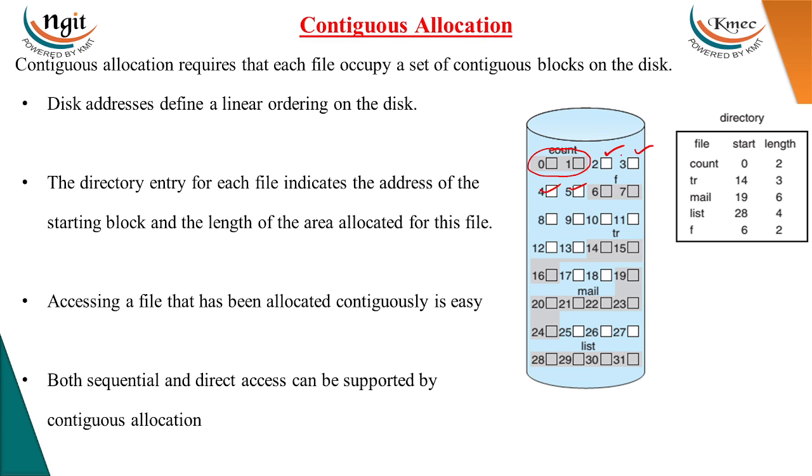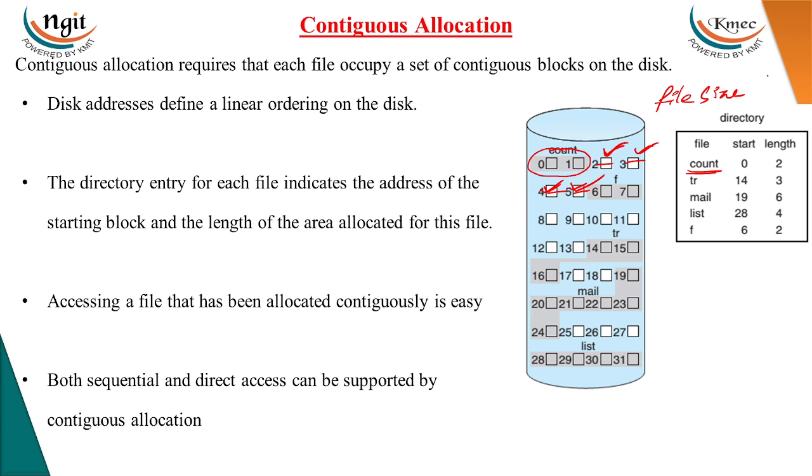The free space manager has this information. But as the file size increases, it will allocate block 2, block 3, block 4, and block 5. Now, if the file size is more than these blocks, that means 2, 3, 4, 5 are given to count and the file size still increases.